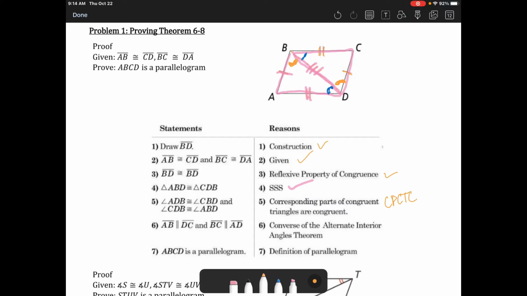And since those alternate interior angles are congruent, you can conclude that the opposite sides are parallel. So ABCD is a parallelogram based on the definition of a parallelogram.